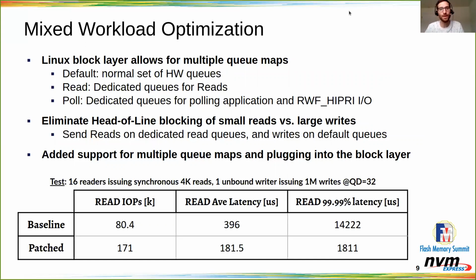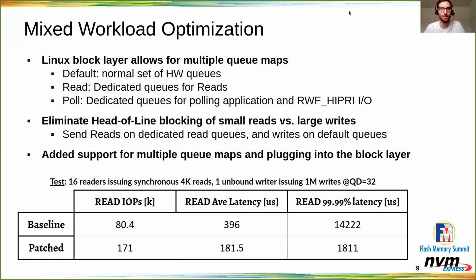Usually, if only the default queue map is defined, then all IOs will use that queue map. Then we have a dedicated queue map just for read IO, such that reads will have a dedicated set of queues associated with them, and the rest will go to the default queue map. And then a third one is the poll queue map.